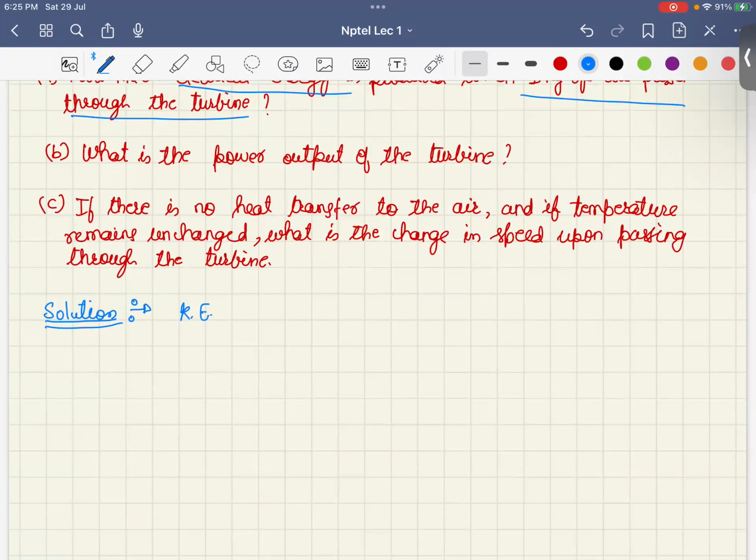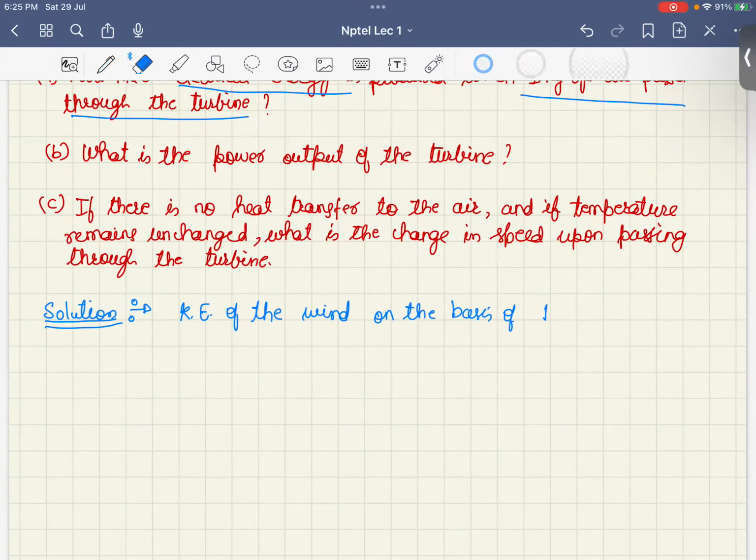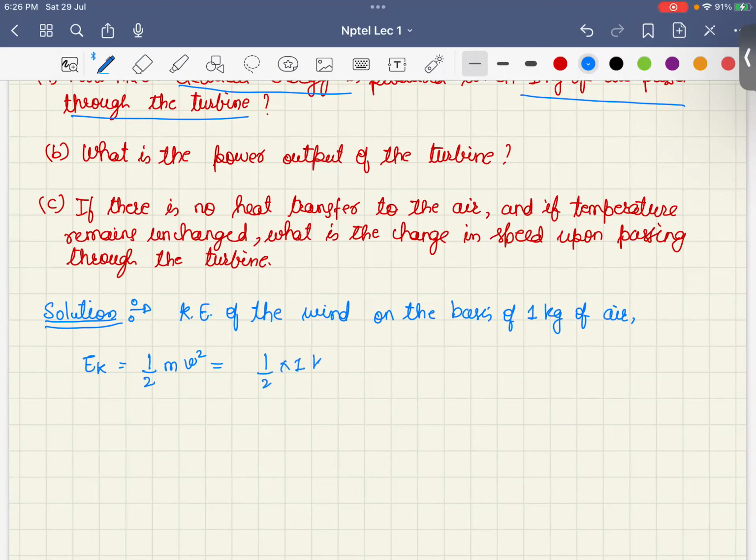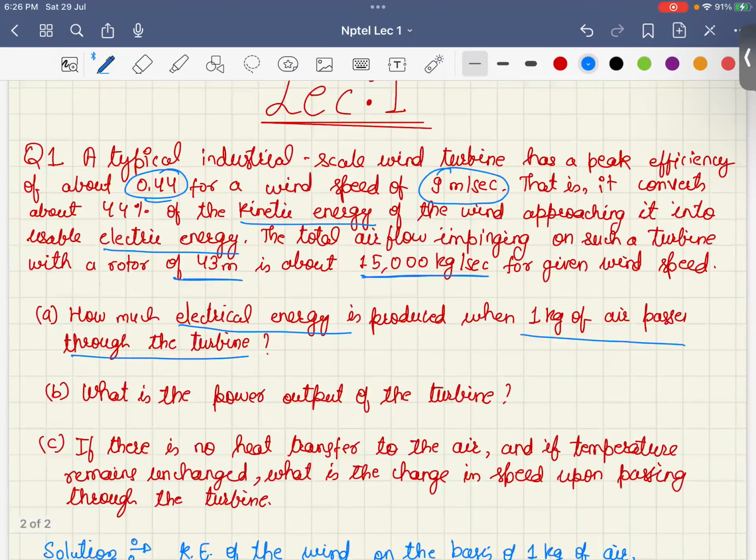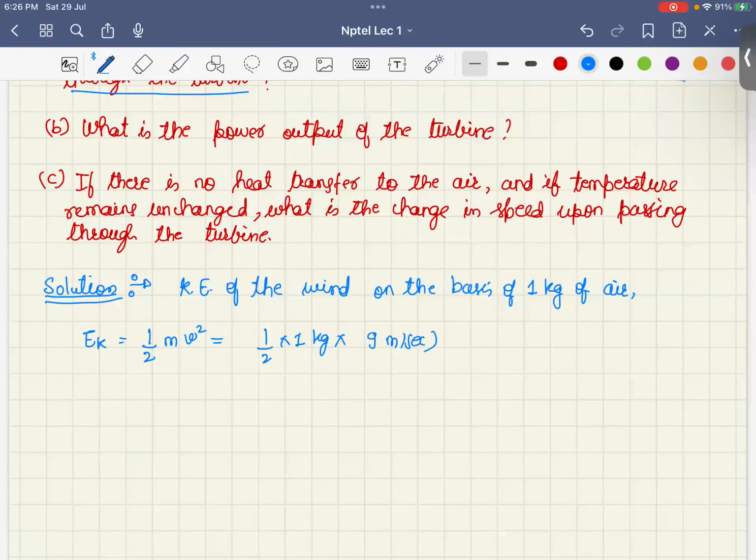So the kinetic energy of the wind on the basis of 1 kg of air: Ek is half mv square, which is half multiplied by 1 kg multiplied by the velocity of 9 meter per second squared, which comes out to be 9 into 9 by 2.